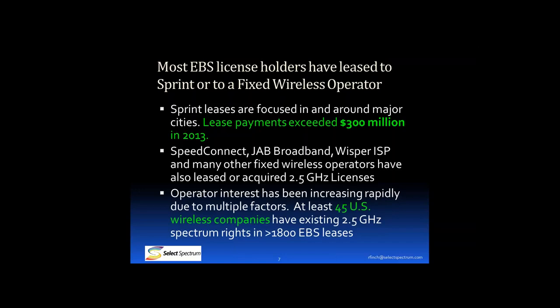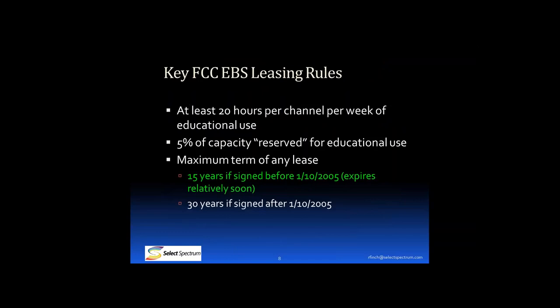So far, there's over 1,800 EBS leases, so the majority of the EBS licenses have in fact been leased out, but there are many that are also capable of being leased, and that's really the focus of this conversation today, about those licenses that still have the opportunity to do a new lease or to do a replacement lease as the existing lease expires.